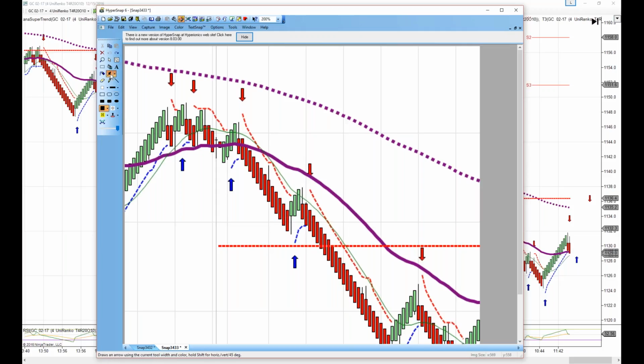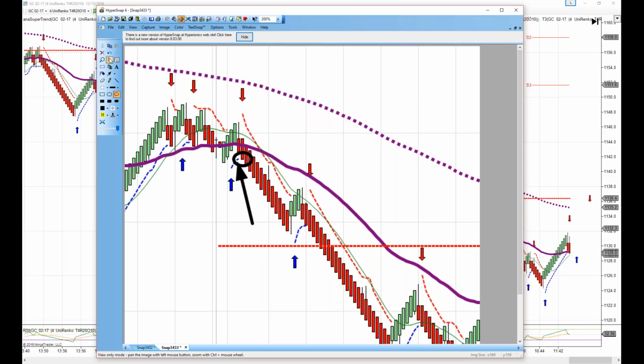So right here we had a blue arrow, and the blue dashed line right in here got breached by this candle.